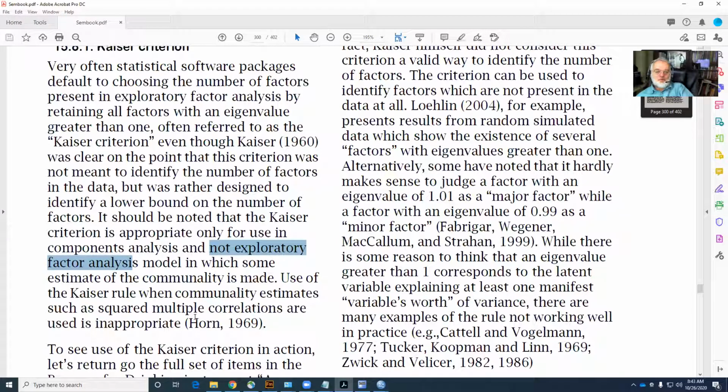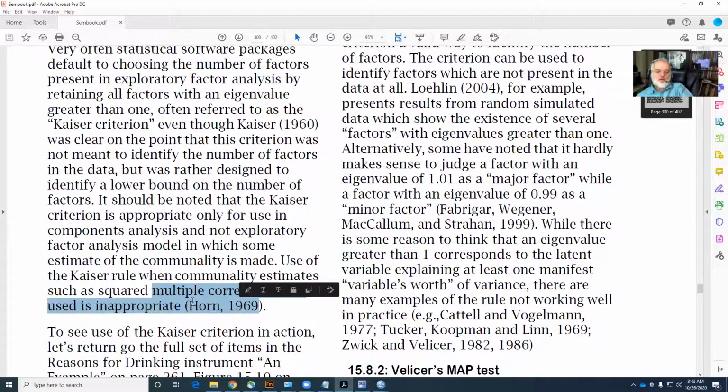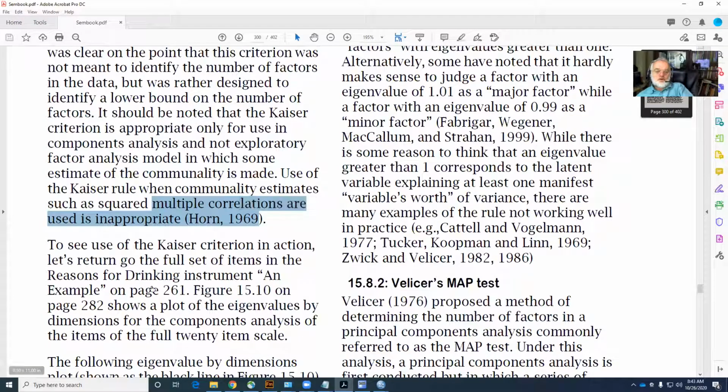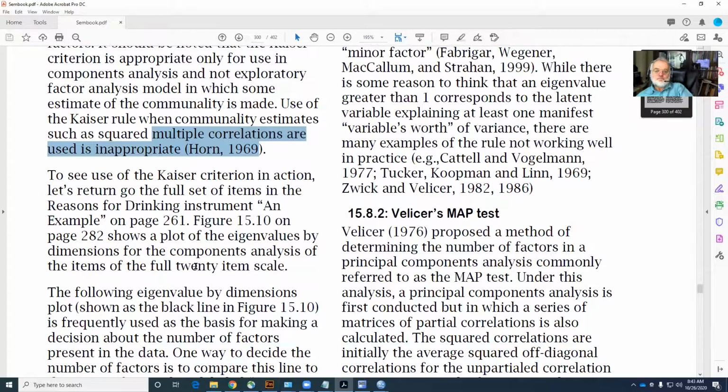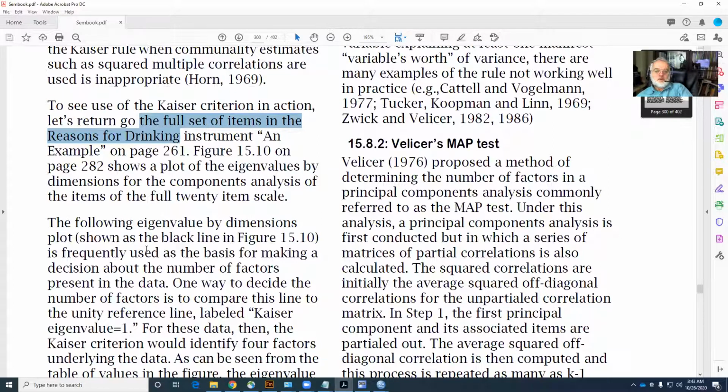So, there's a lot of people out there who would say, don't use eigenvalues greater than 1. If we're going to take a look at what that Kaiser criterion looks like in action, we can go back to our reasons of drinking example back on page 261, and we can make a plot of the eigenvalue by dimensions plot.